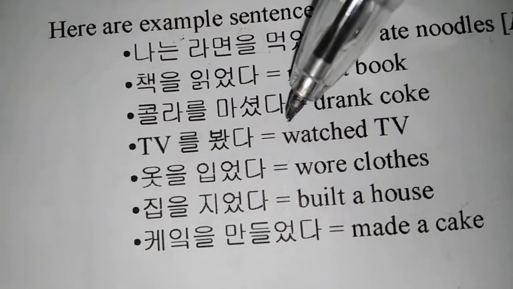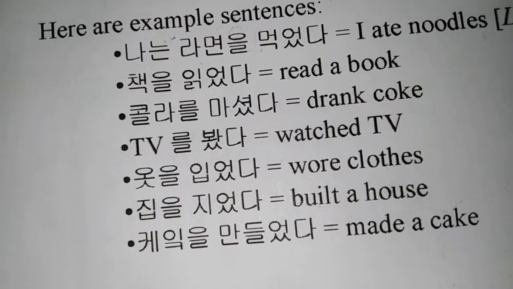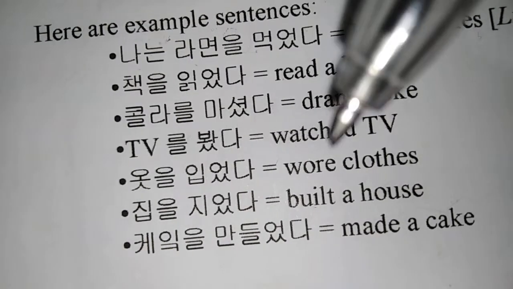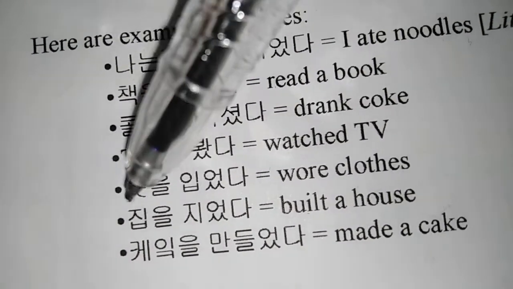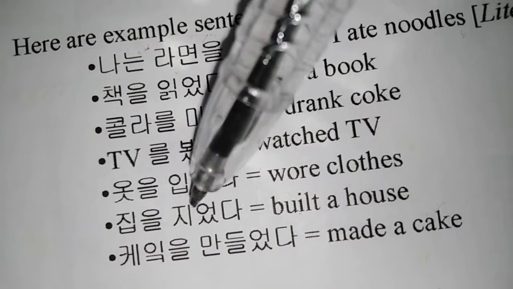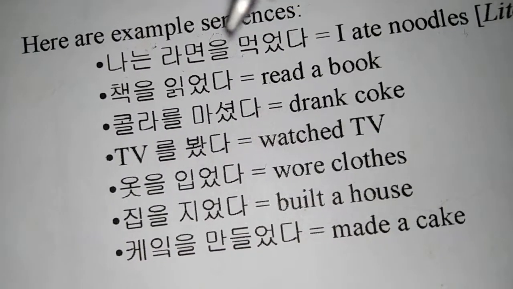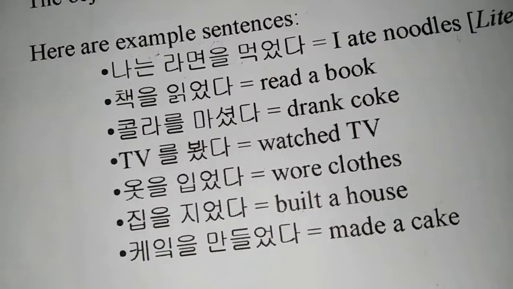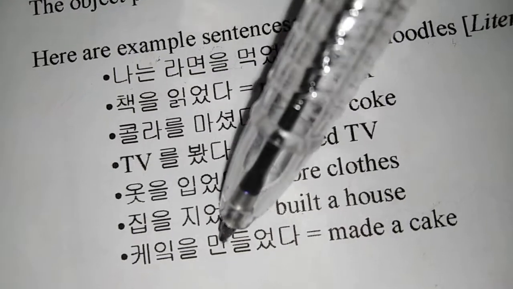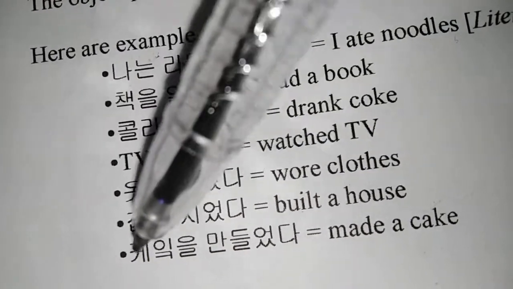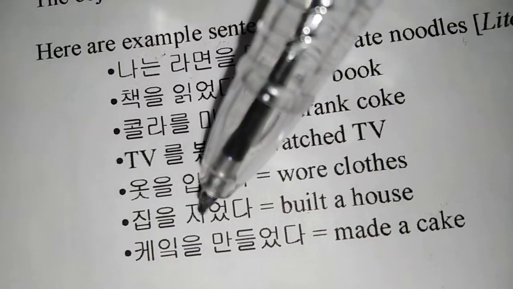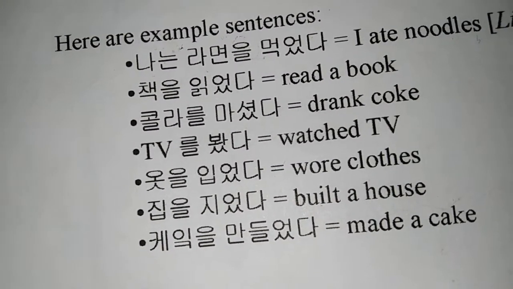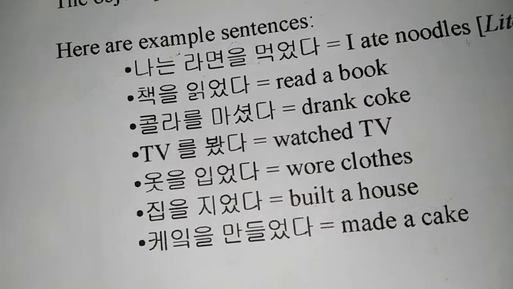The same way 봤다 is coming here. 보다 means watch, 봤다 means watched. 집을 지었다. 집 means house. 짓다 means build, 지었다 means built. The next one is 케이크를 만들었다. Cake is literally the same cake you would have in English. 만들었다 means made, so 만들다 is make.